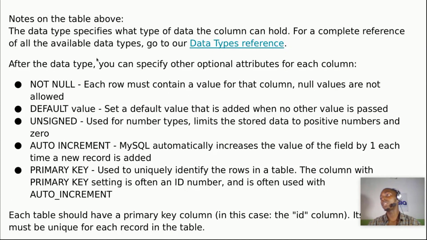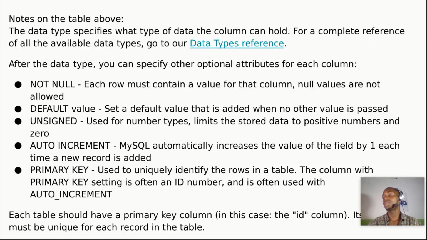Not null says that that particular column on that row should not be null. When you are inserting, you have to pass a value, right? You also have things like default, which is a default value that is set in case somebody did not fill in. For example, when passing the registration date and somebody refused to put the registration date, it is going to put the default date, maybe today's date or tomorrow's date or whatever.